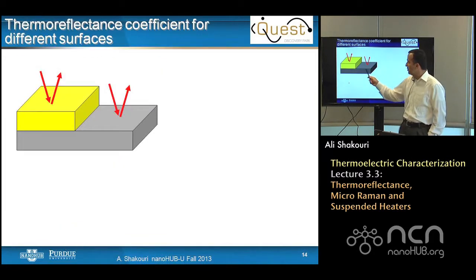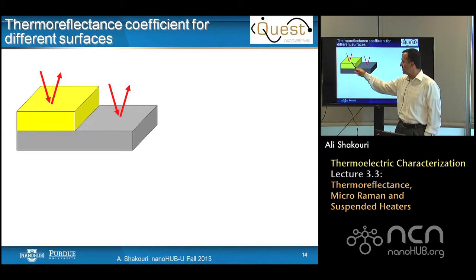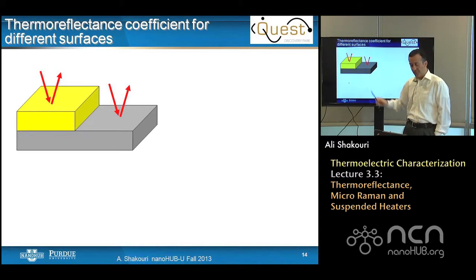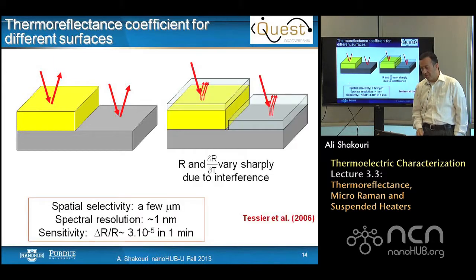So assume that you have two surfaces, you measure light reflection, and you put it on a temperature control stage, you get thermoreflectance coefficient of surface 1 and surface 2. A challenge arrives when the surfaces are covered by a dielectric layer that is semi-transparent. Basically, the light can do back and forth some Fabry-Perot resonances in the transparent layer, and this changes the reflection coefficient.